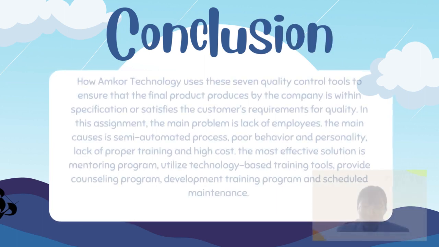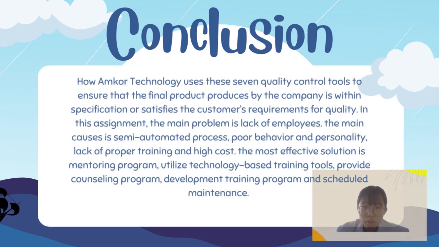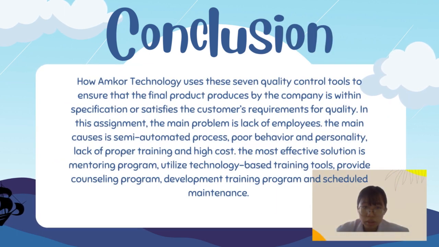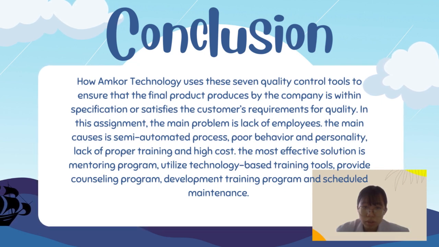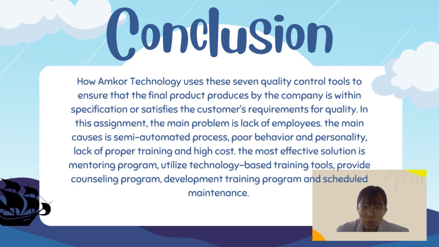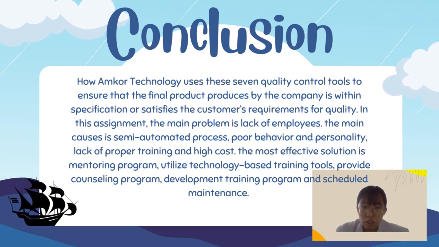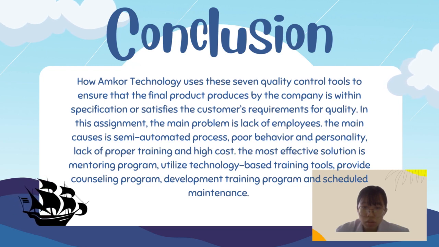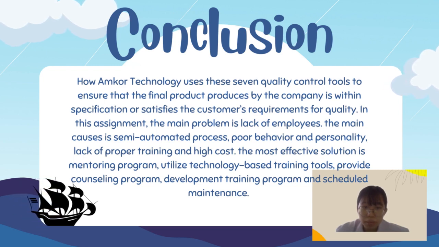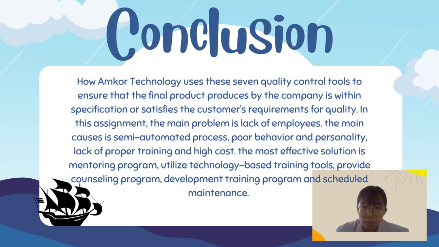In conclusion, this assignment indicates the functions of the QC tools, which are the Pareto diagram, Ishikawa diagram, flowchart, interrelationship diagram, matrix diagram, and tree diagram. This assignment also describes how Amkor Technology used these QC tools to ensure that the final product produced by the company is within specification or satisfies the customer's requirement for quality. The Pareto diagram shows the main problem Amkor Technology is facing is lack of employees.